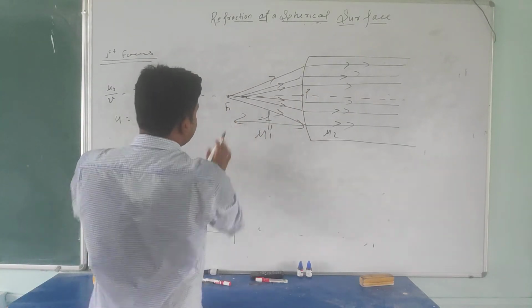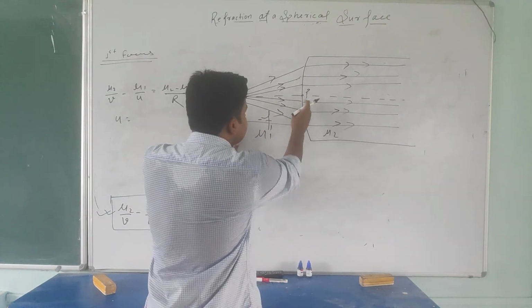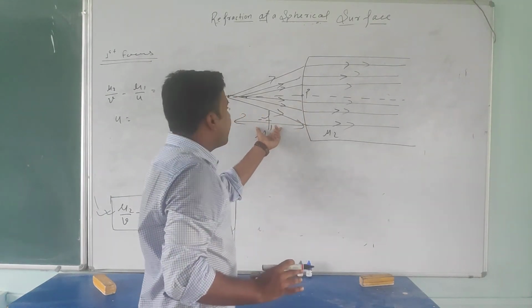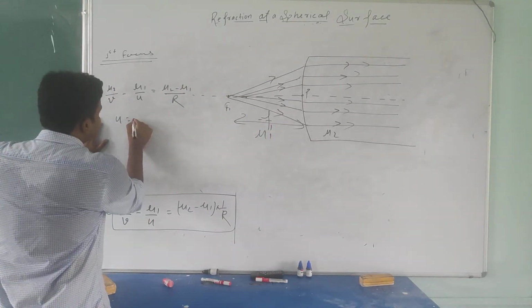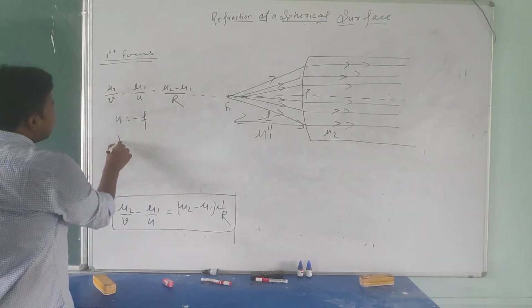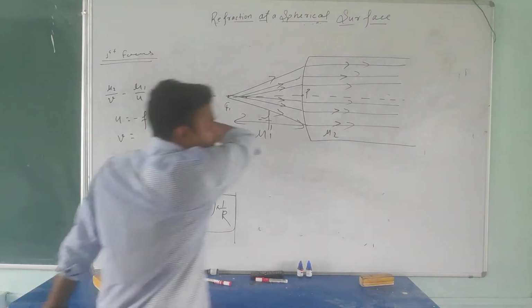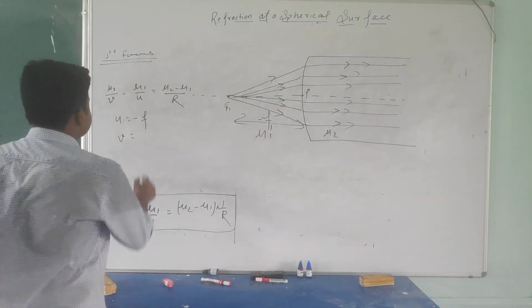This is the F1, capital F1, it means the focus point, and the distance between the focus point and the pole is the focal length, the first focal length. So here u equal to minus F. V equal to what here? Rays are parallel to the principal axis, so this one is actually infinity.